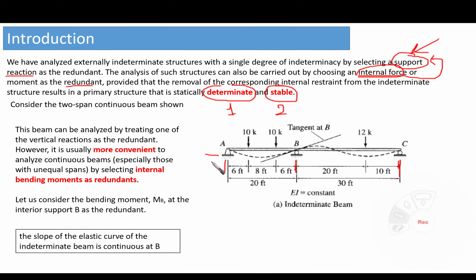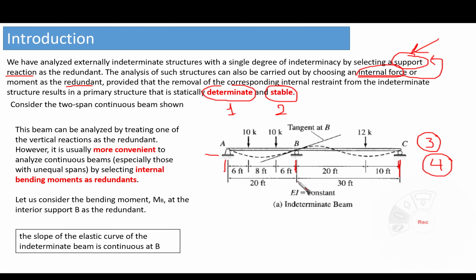So we have 1, 2, 3, 4 unknowns, and we have only 3 equilibrium equations. This means that our system, this two-span continuous beam, is once statically indeterminate. Okay, once statically indeterminate.